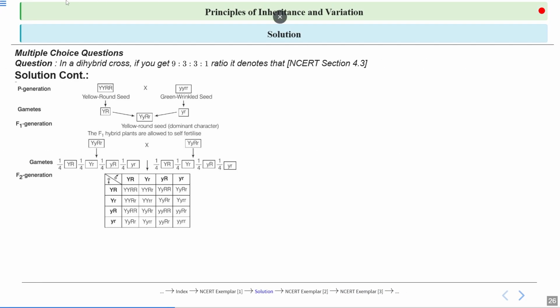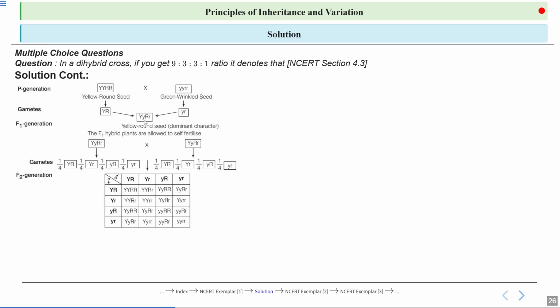In the F2 generation, you will observe the 9:3:3:1 ratio. Here you can see this is the parental generation. Genotypes are also mentioned. Both of them are homozygous, both are pure breeding lines. One parent is homozygous dominant, another parent is homozygous recessive. You can make the gametes, and after fertilization, you get the F1 generation.